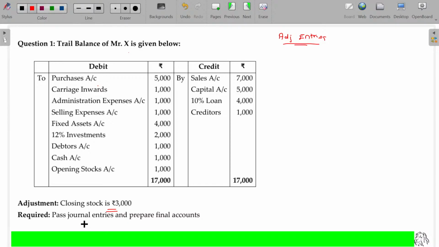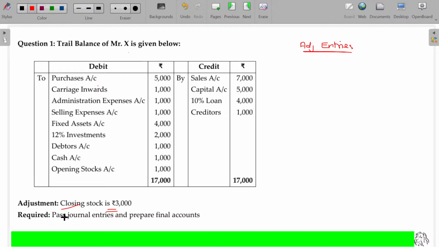Closing stock. When we pass the adjustment entry for the closing stock, always remember we are going to adjust the purchases and opening stock also. For closing stock, that closing stock should be subtracted from the purchases.